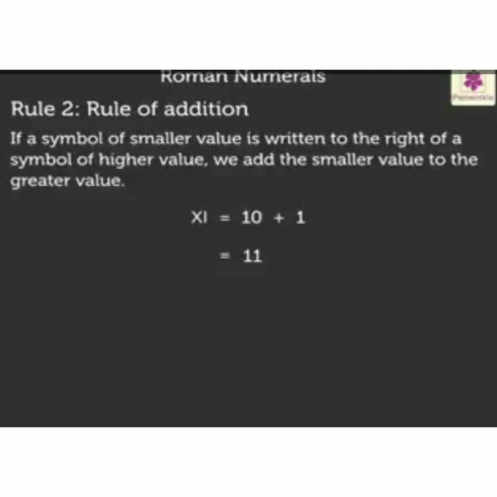I. The greater value is X. I am writing I to the right of the greater value. So I have to add the greater value with the smaller value. The greater value is 10, the smaller value is 1, written to the right of the greater value. So I have to add 10 plus 1, which is equal to 11. So when a symbol of smaller value is written to the right of a symbol of higher value, we have to add.